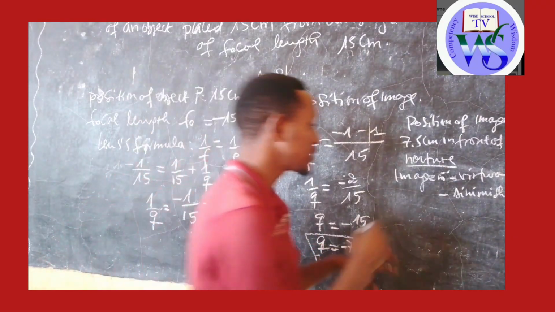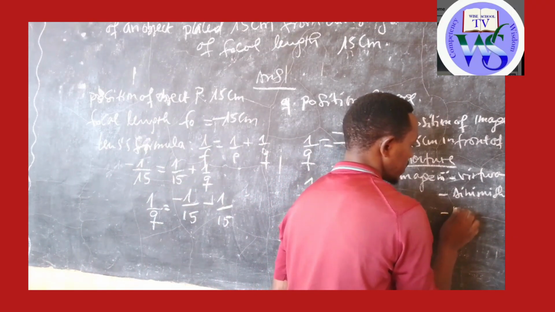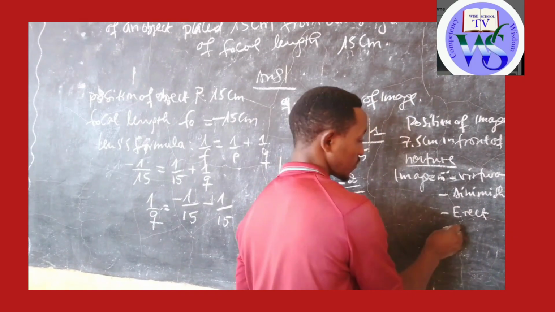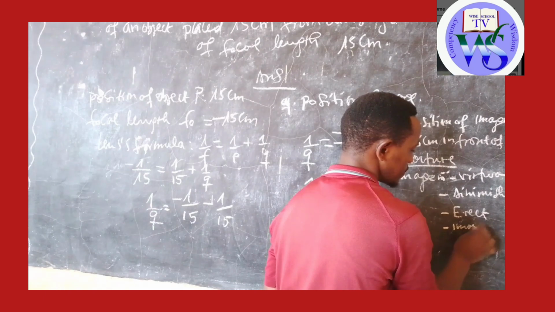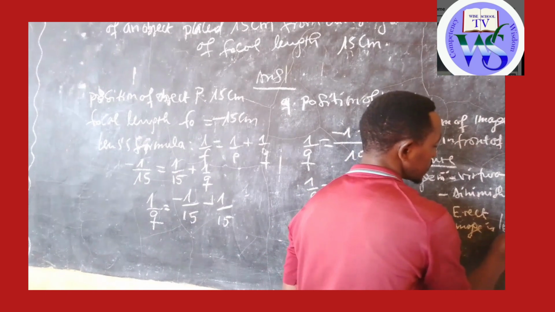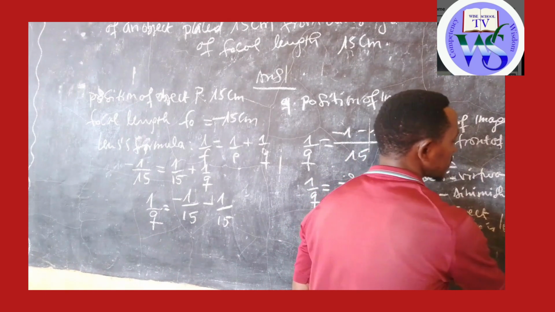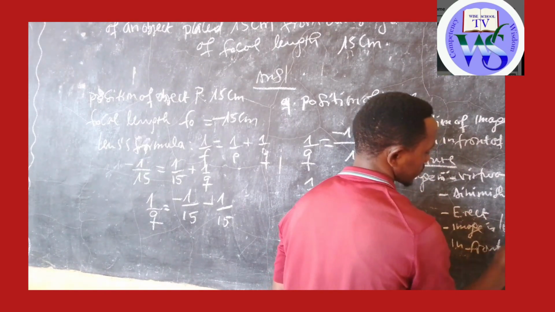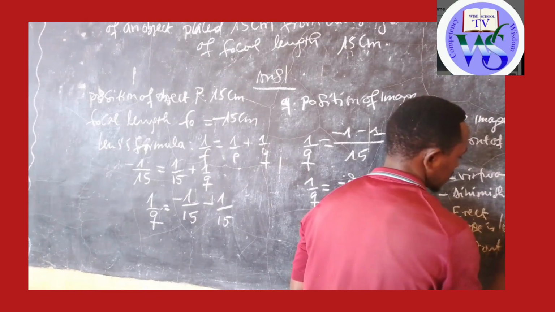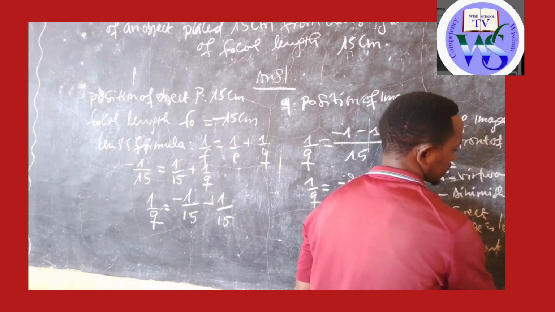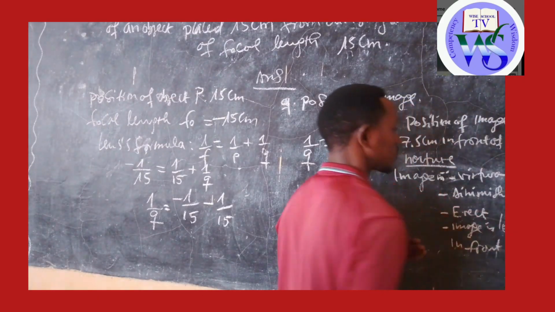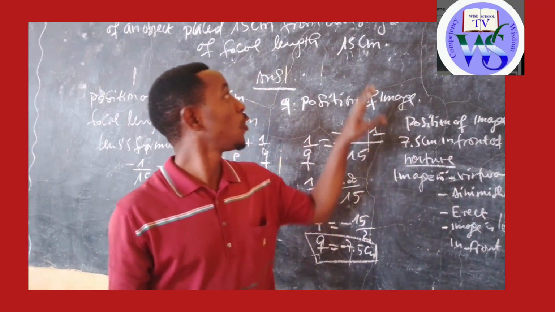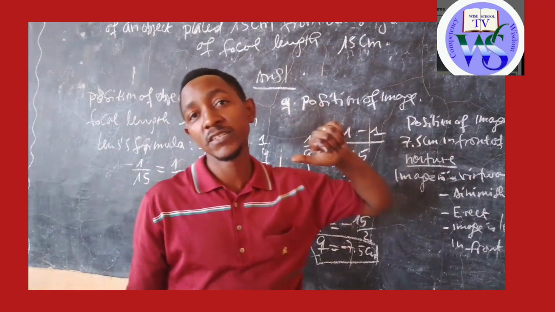This positive value means that the image is erect, or upright. So the image is located 7.5 centimeters in front of the diverging lens. This is the characteristic of the image formed by a diverging lens.